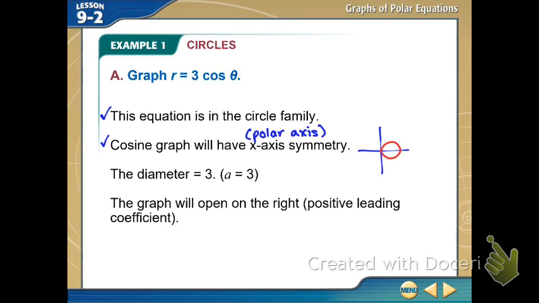Next thing is the diameter is going to be equal to 3 because the leading coefficient here was 3. So remember this guy right here is going to be the diameter. And then last thing, this graph is going to open to the right or in the positive direction, because the leading coefficient is positive.